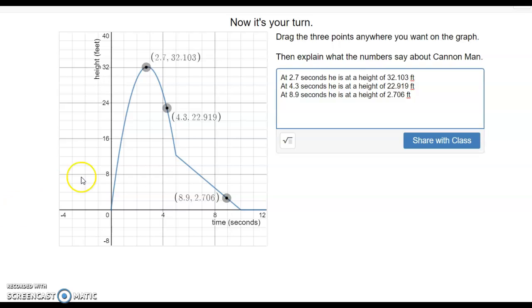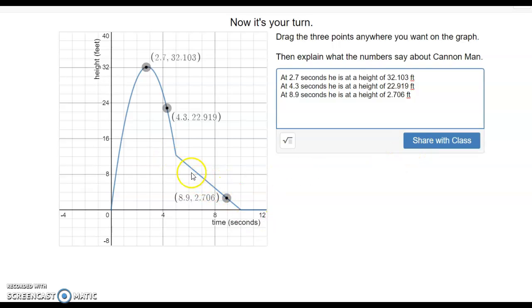So remember, your first number here, mine is 2.7. That's at how many seconds has happened. And he was at 32.103 feet. At 4.3 seconds in mine, he was at 22.919 feet. And at 8.9 seconds, he was at 2.706 feet.